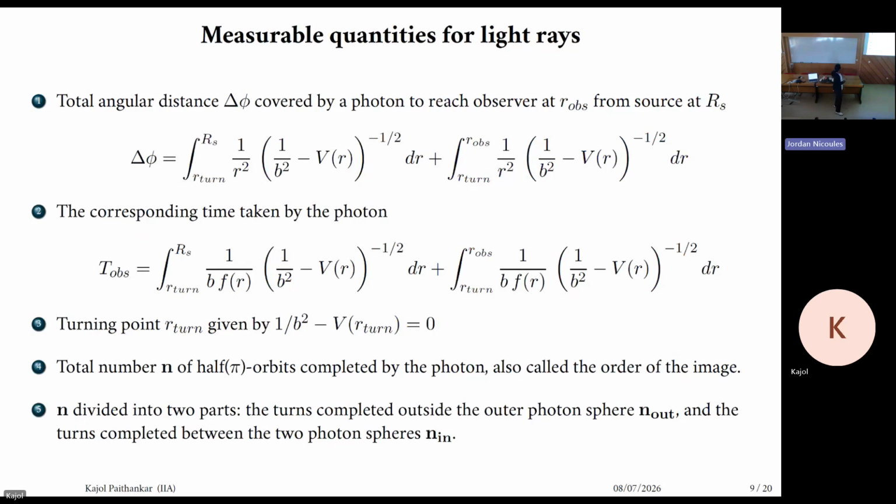Then additionally, I have divided this total n into two parts. I will explain this in a minute, because this helps me categorize the orbits, and other than that, it doesn't have any qualitative features as such.